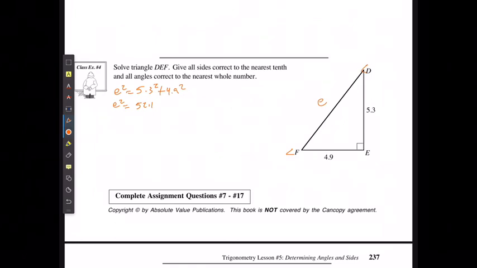And when I take the square roots of both sides, E is going to equal the square root of 52.1, which to the nearest tenth for the side length is going to give me 7.2.